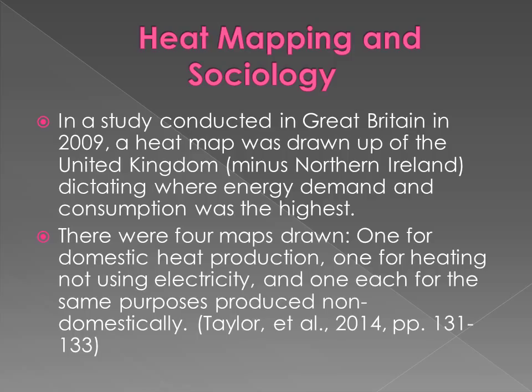And it's also used in sociology, another field of the sciences. Basically, in Great Britain in 2009, a heat map was compiled showing where energy demand and consumption was the highest. There were 4 maps drawn, one for domestic heat, another for those not using electricity, and one each for the same purpose produced non-domestically.